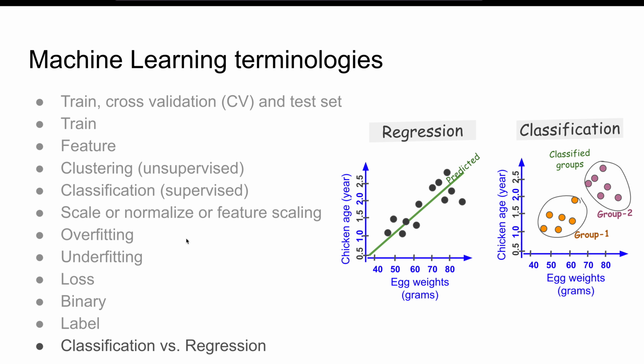Now let's look at the difference between classification and regression. As you can see here, in regression, what we are trying to predict are continuous variables, and in classification we are trying to predict discrete values.